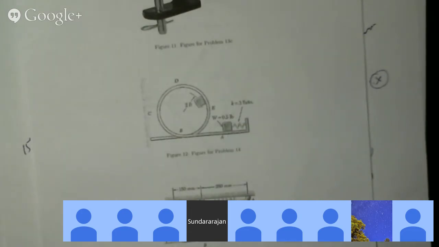Have you guys formulated the problem? 0.33 feet?